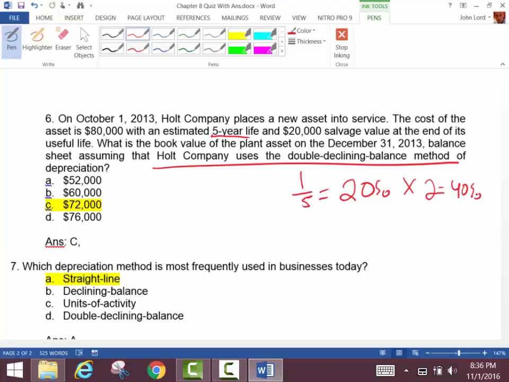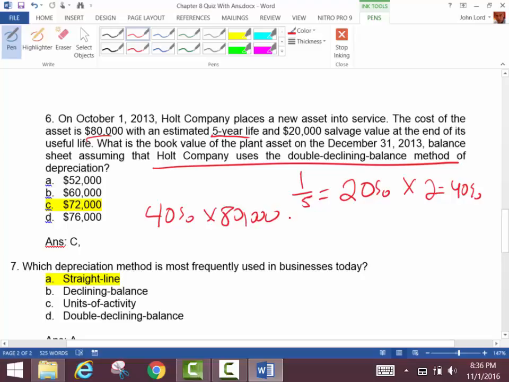Okay. So what happens? We're sitting here and we've got 40%. What do you want me to do with that 40%? Multiply it times the 80,000, you say? Okay.